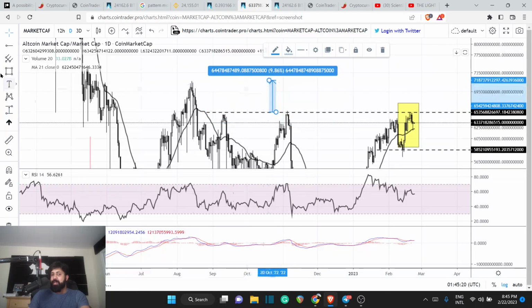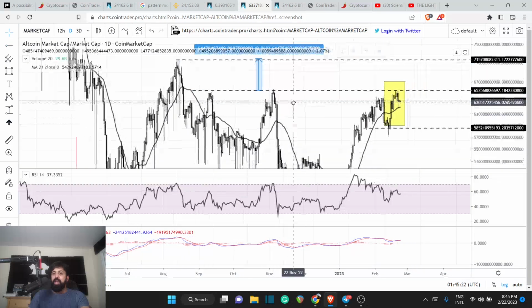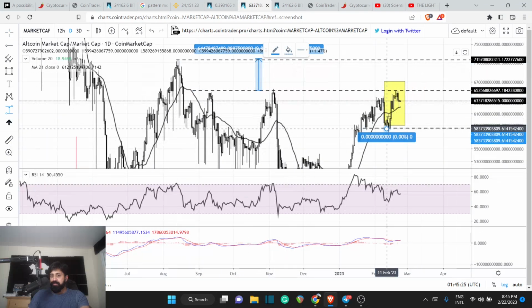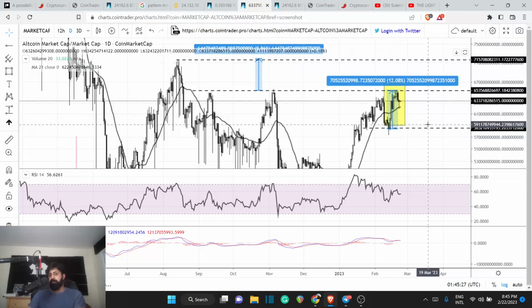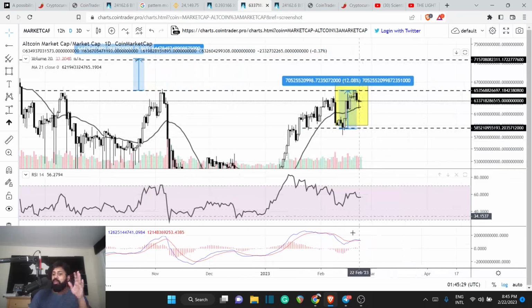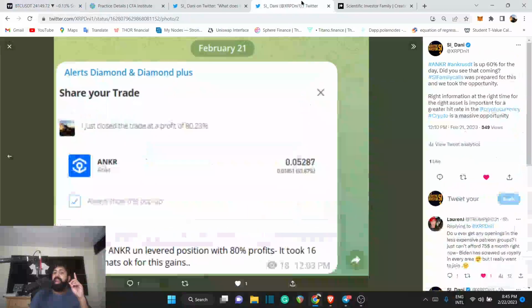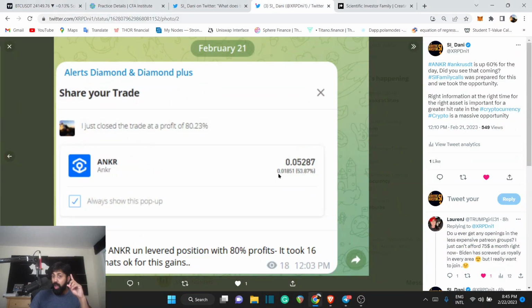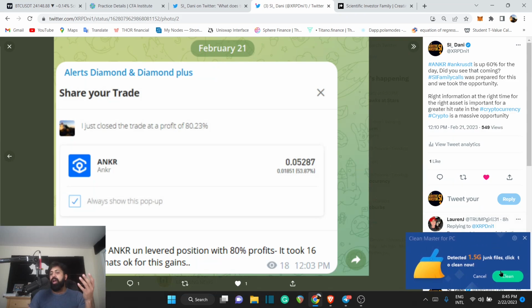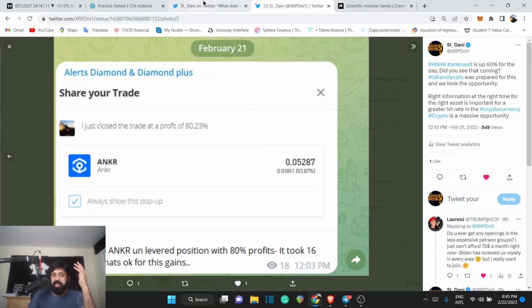Now that's like 10% here in the altcoin market, but remember this, when the altcoin market did 12% in non-leveraged positions, we closed 80%. Now there were a lot of different positions which we closed, but others were leveraged, where we are making 90, 100 and all, because it's leveraged.